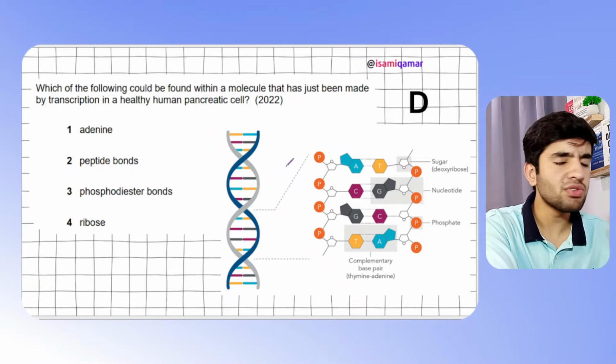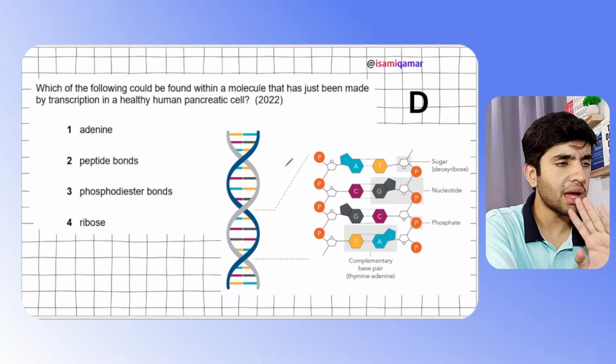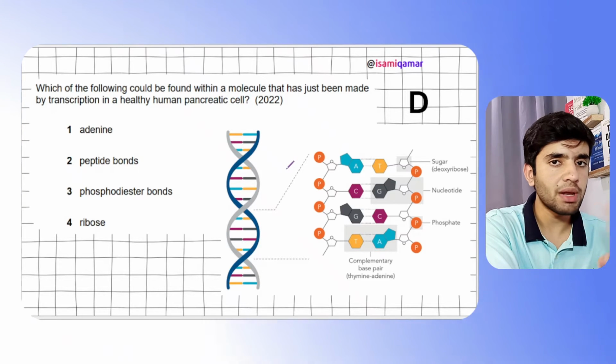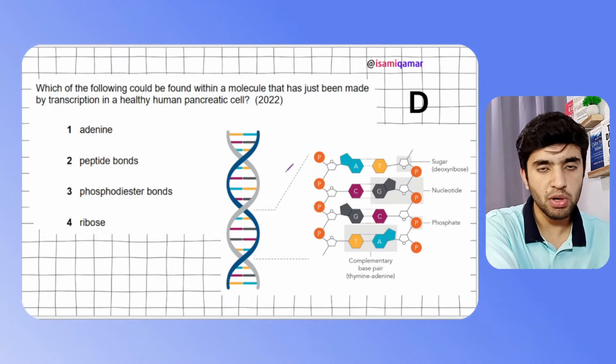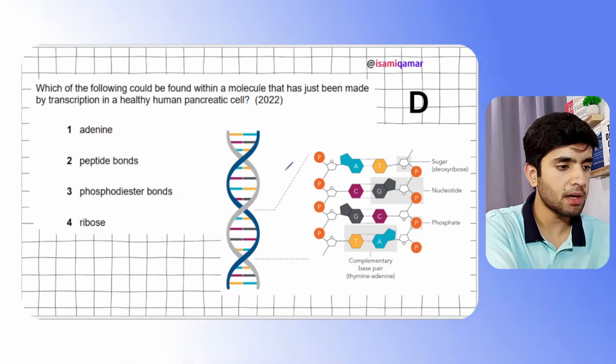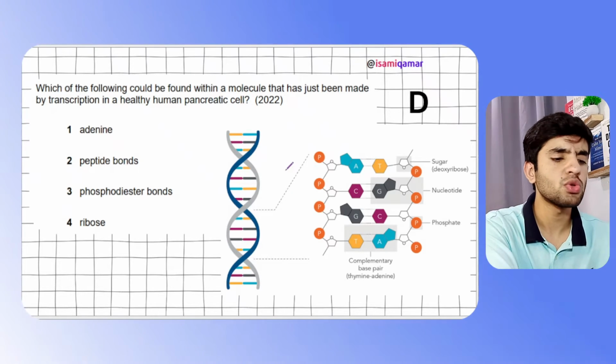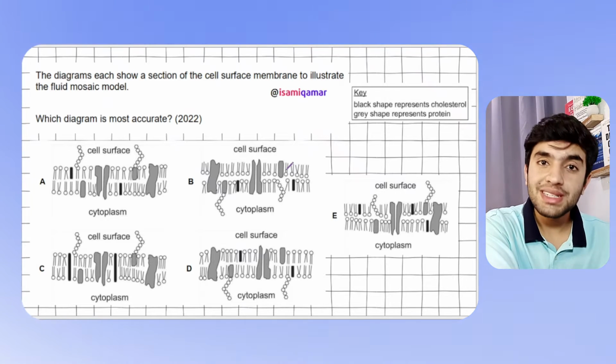In all exams, the format has at least one question from DNA and RNA, like which bonds are present, which nitrogenous base is absent, everything. So you must learn that.